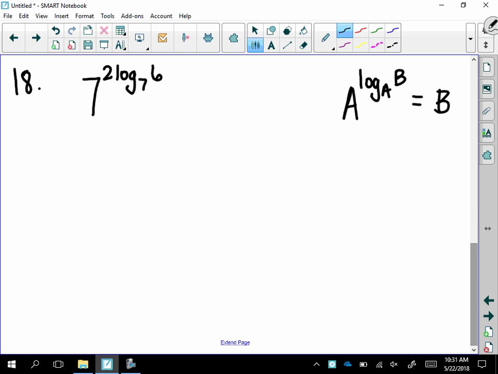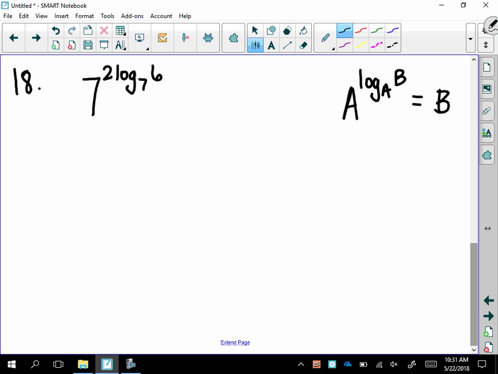So if the logarithm is in the exponent, then it's going to cancel itself out because logarithms and exponents are inverses of each other. Now, the only caveat to that is that the base of the logarithm and the base of the exponent have to be the same. It can't be log base 2 and an exponent of 5, because those aren't going to cancel each other out. They're not inverses of each other. Log base 2 is the inverse of 2 to some power, and they'll cancel each other in that case.